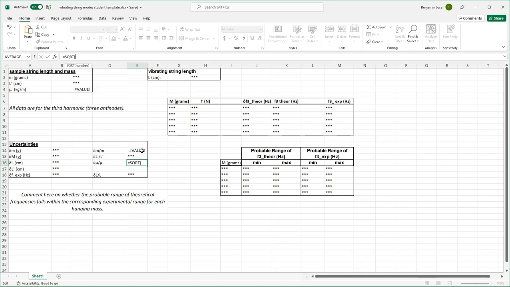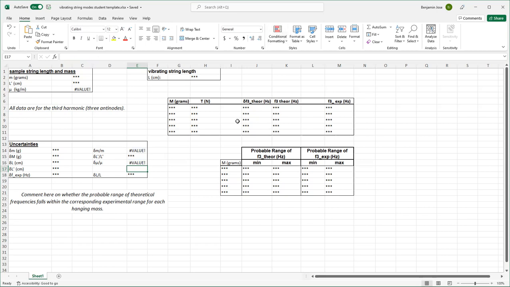So I'll click on the relative uncertainty in the string mass, and I square that, and I add to that the relative uncertainty in the sample string's length squared. Oops, and I take the square root of that whole thing. Okay, that's what we call adding in quadrature. And that's also going to come out as some ratio.